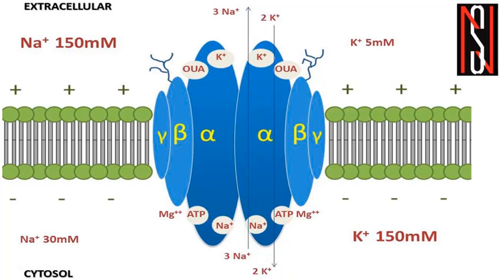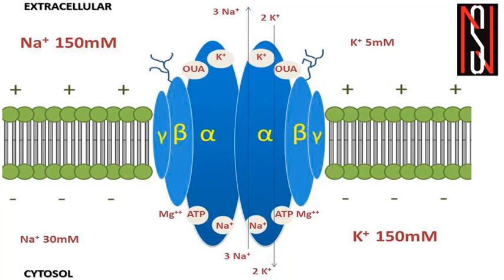Here I have shown you a typical diagram of a sodium-potassium ATPase, the internal enzyme. There are two alpha units and two beta units also. One side is the extracellular part and the other side is the inside of the cell. Inside the cell, the concentration of sodium is 30 millimoles, whereas outside the cell the concentration of sodium is 150 millimoles.